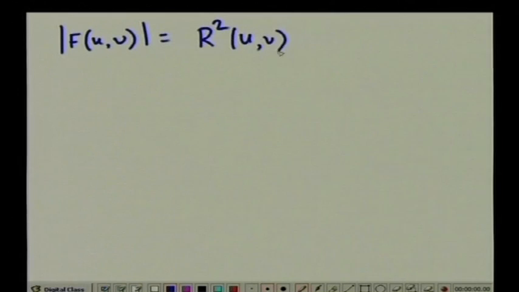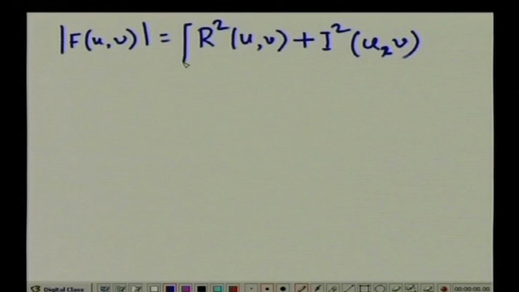So, in this two dimensional signal, the Fourier spectrum |F(u,v)| is given by the square root of R square (u,v), where, as before, R gives you the real component, plus I square (u,v), where I gives you the imaginary component. This is the Fourier spectrum of the two dimensional signal f(x,y).